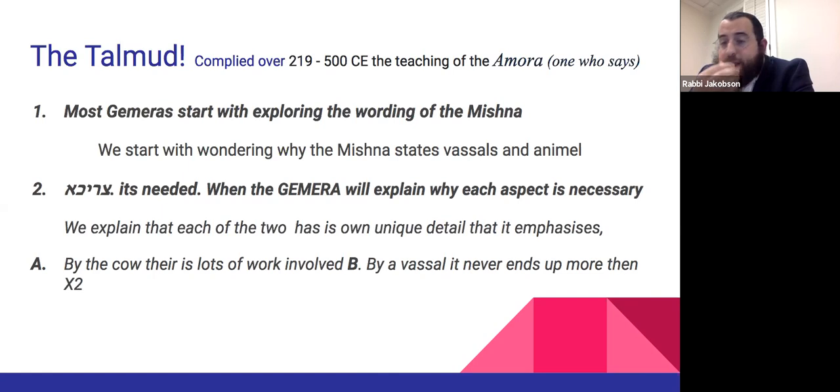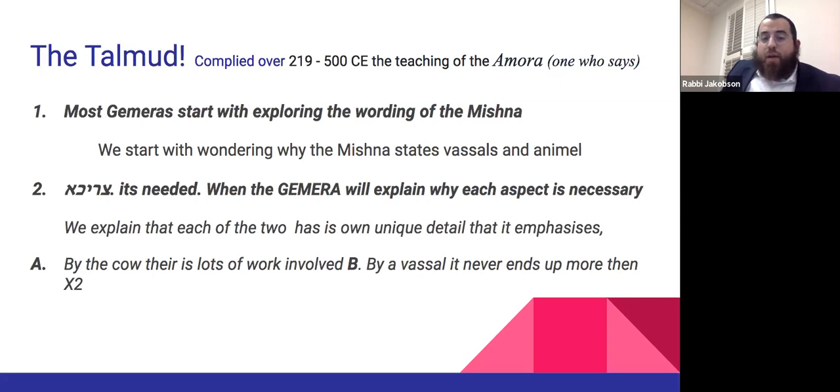So that is a tzricha, a tzrichusa, it is needed. Every time you see the word tzricha in the Talmud, that means we will explain what is unique about each one and why you wouldn't be able to understand one from the other.